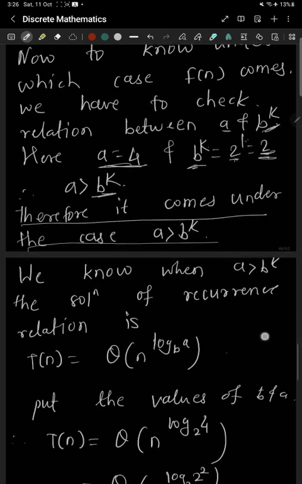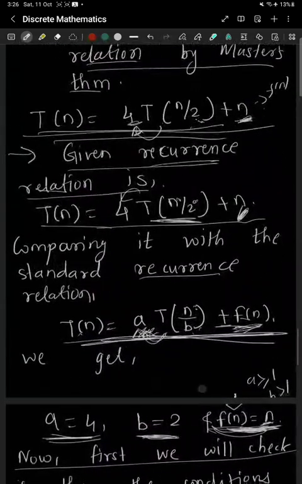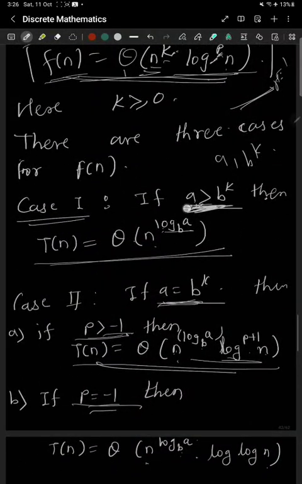When you go back to the cases, see, this is the first case where a is greater than b raised to k. So the solution is given by T(n) = theta of n raised to log of a at base b.